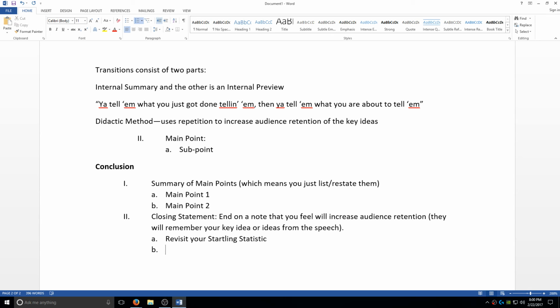Especially that last part comes with another method of creating a good closing statement: find a reason why the audience is better off for listening. In the example that I had, I said everybody's better off because you are now part of an elite group, and you can brag about it to your friends.